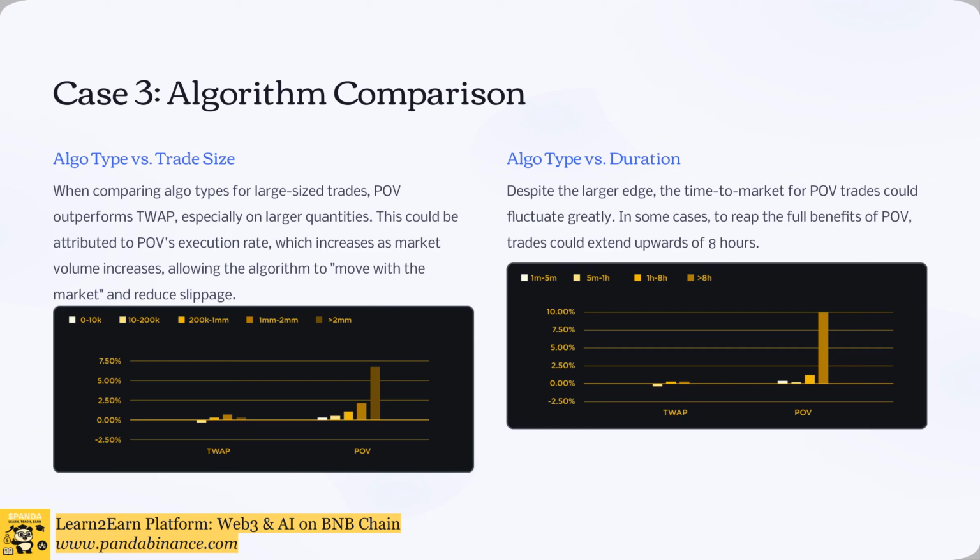As a reminder, these graphs represent the edge, calculated as the percentage difference between the executed price of the algorithm and a benchmark. A positive edge signifies outperformance, while a negative edge indicates underperformance compared to the benchmark.